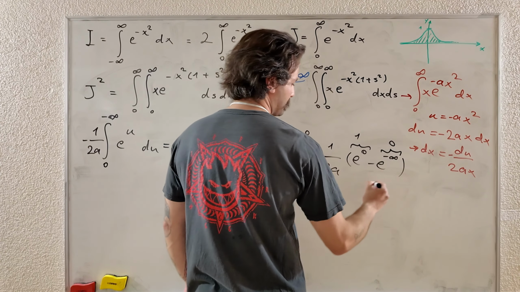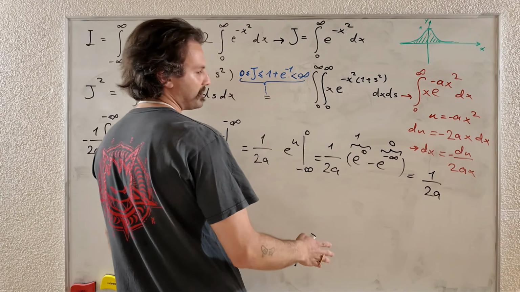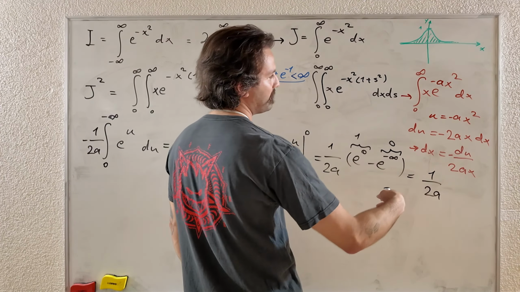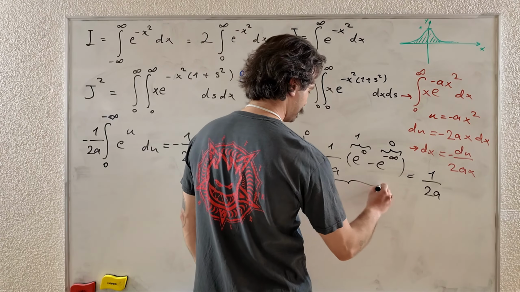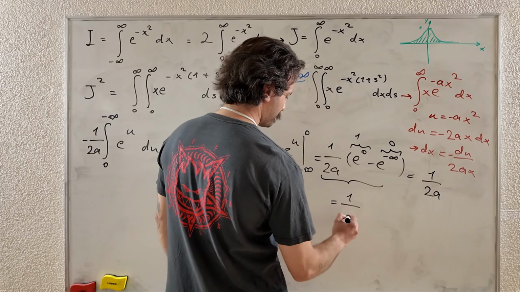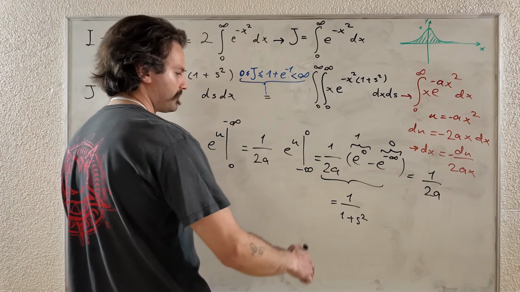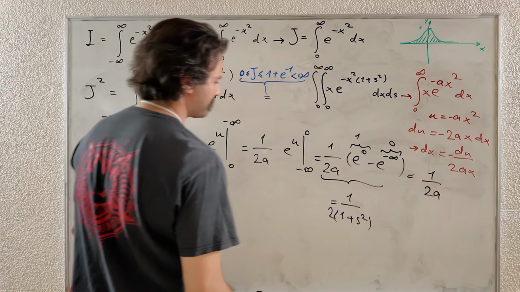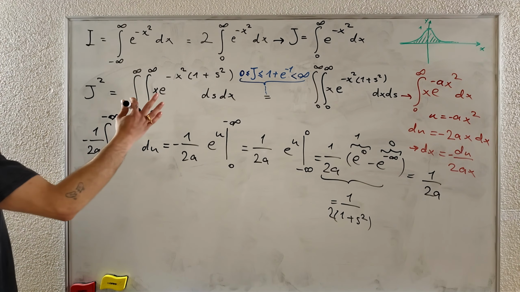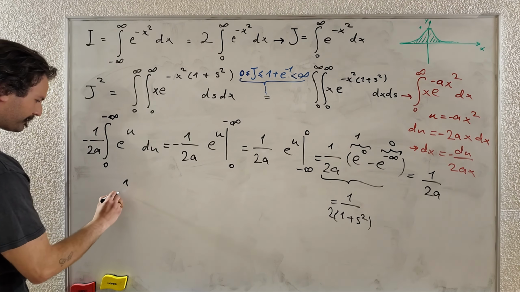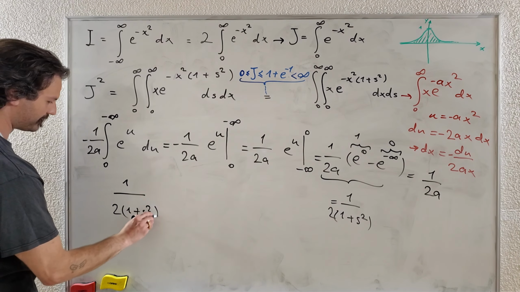So this will give us 1 over 2a, and since a is 1 plus s squared, this is equal to 1 over 1 plus s squared. Actually 2 times this, because of the 2 here, and we got that the inner integral gives us 1 over 2 times 1 plus s squared.